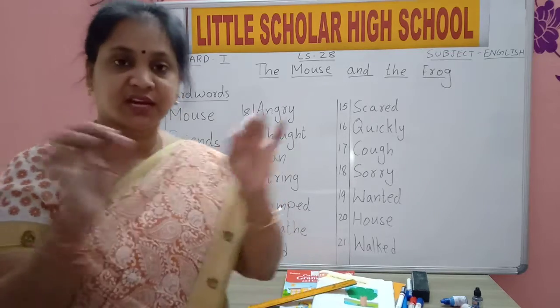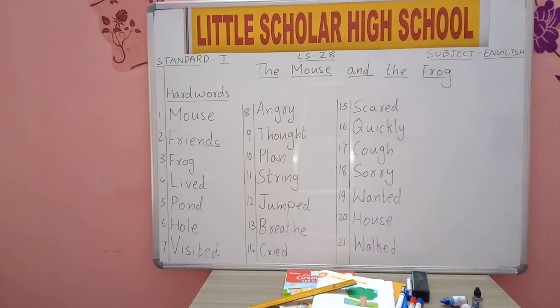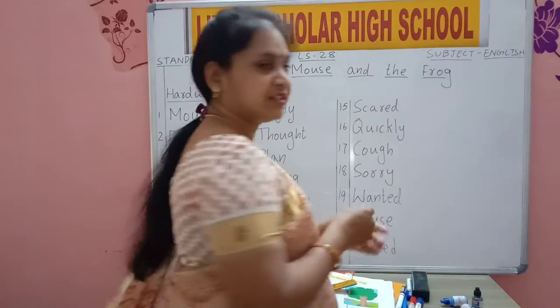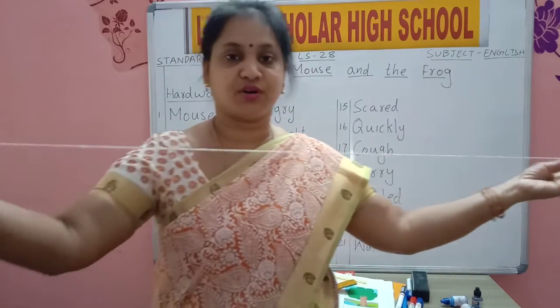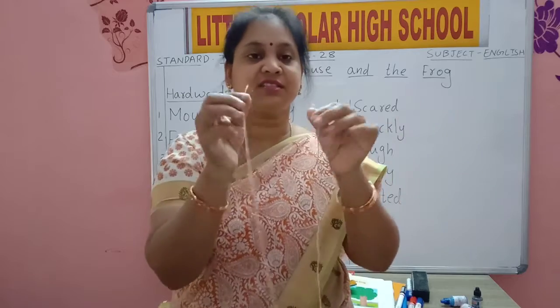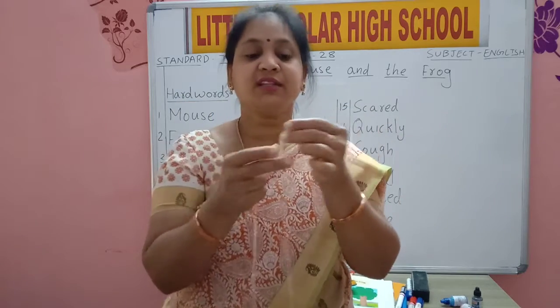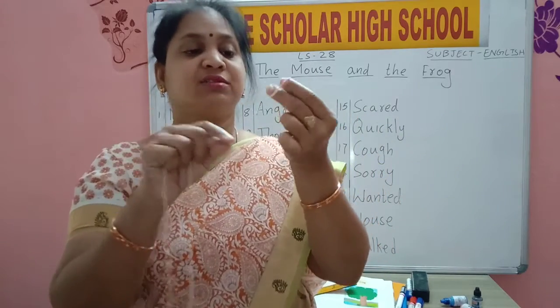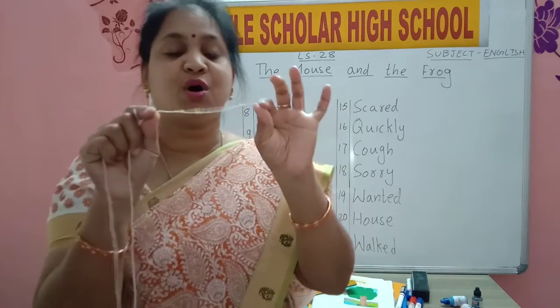Wait, I will get a thread and show you. String. Like this, one thread the frog brought. Yes, this is the thread. This is the string, no? So what did it do?